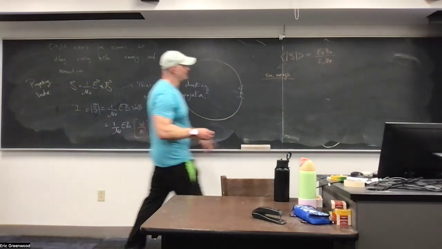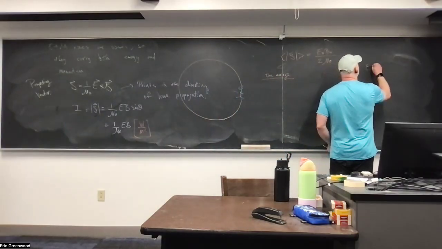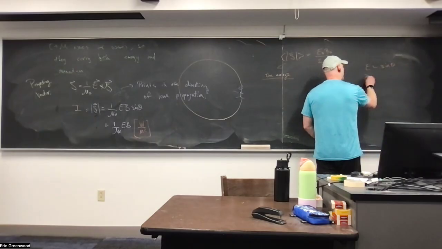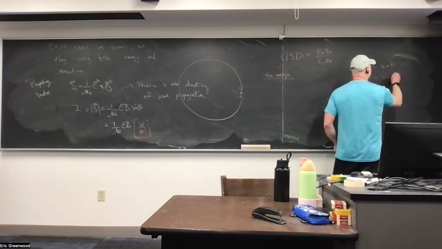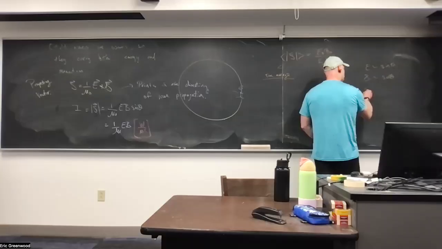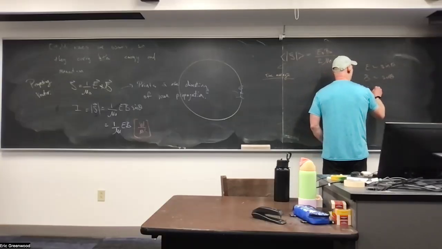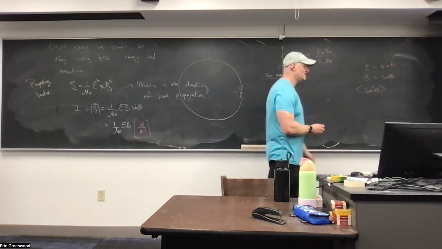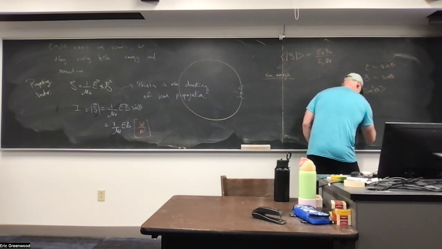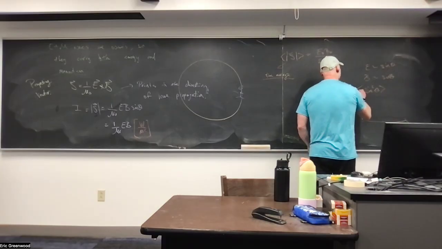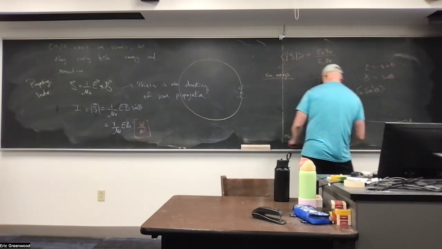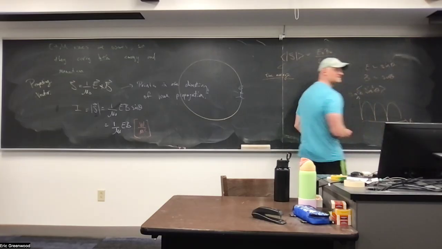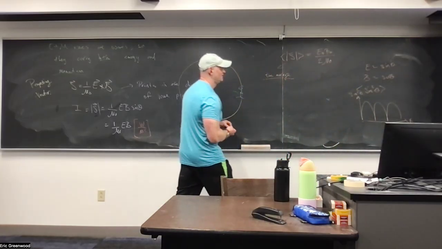The reason I know that is because my electric field is proportional to sine of theta, and our magnetic field is also proportional to sine of theta. So in this case, I'm taking the average of sine squared of theta. Okay with that? Meaning that if I plotted sine squared of theta versus time, it looks like this.